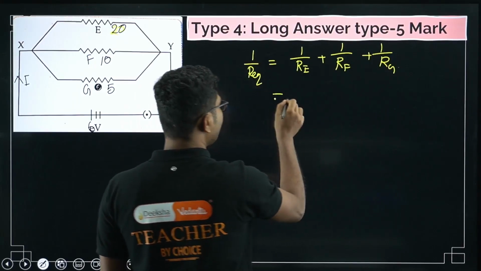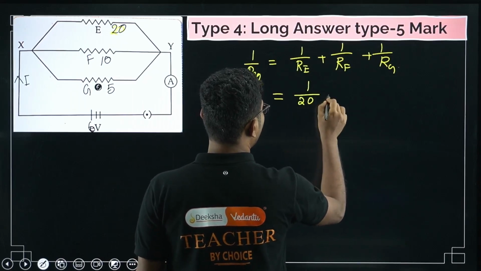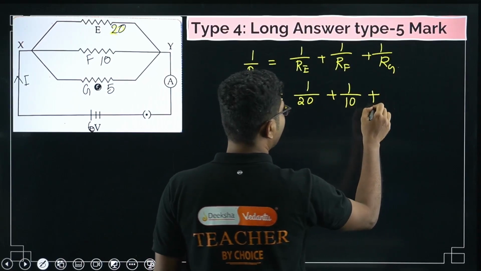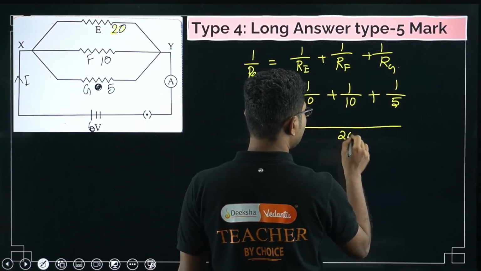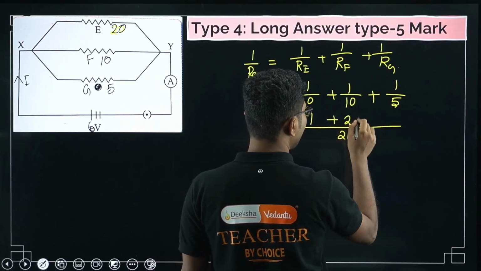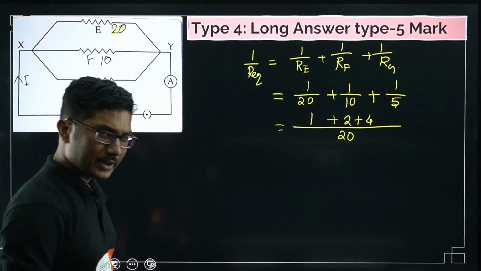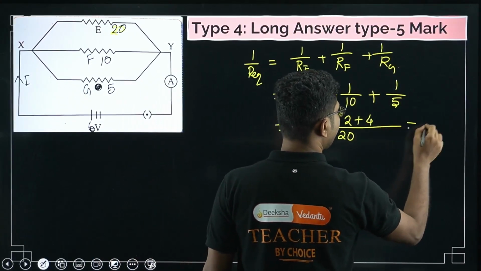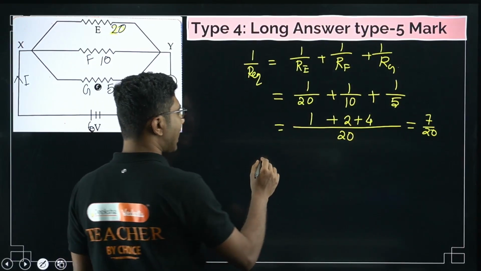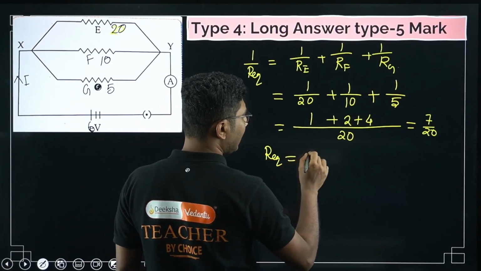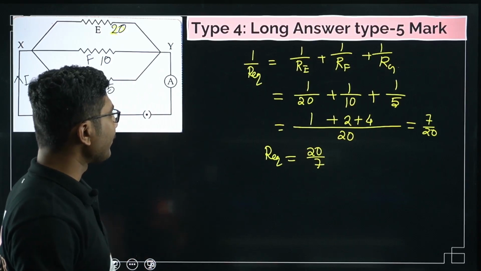You need to know this method as well. That's why I am solving it like this. So 1 by 20 plus 1 by 10 plus 1 by 5. The LCM will be 20 obviously. So 1 plus 2 plus 4, that is 7 by 20. But this is 1 by REQ. So REQ is 20 divided by 7.